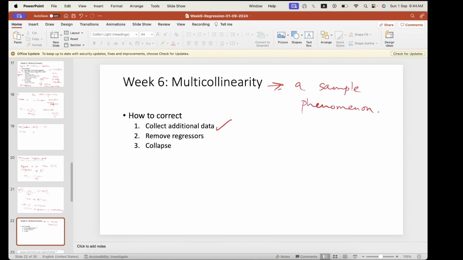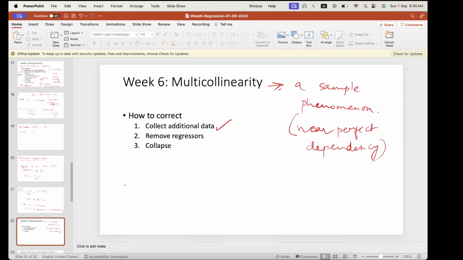It might happen, it may not happen, because usually in most cases we will not have perfect linear dependency, but near perfect dependency.